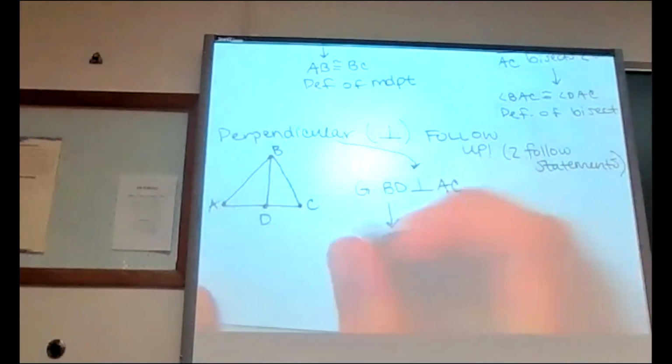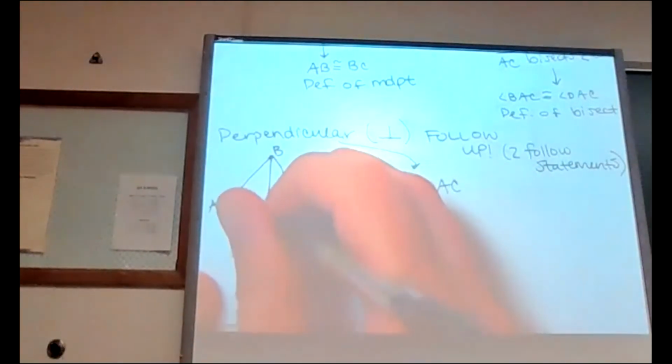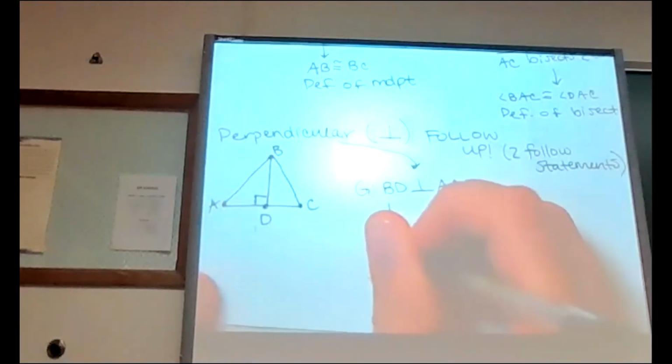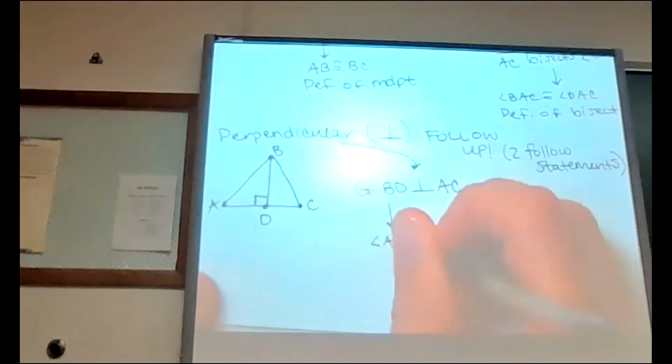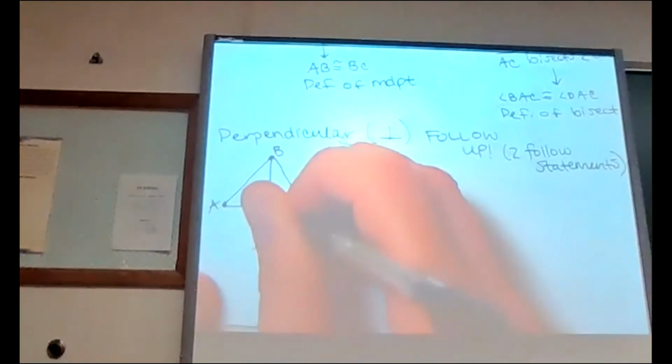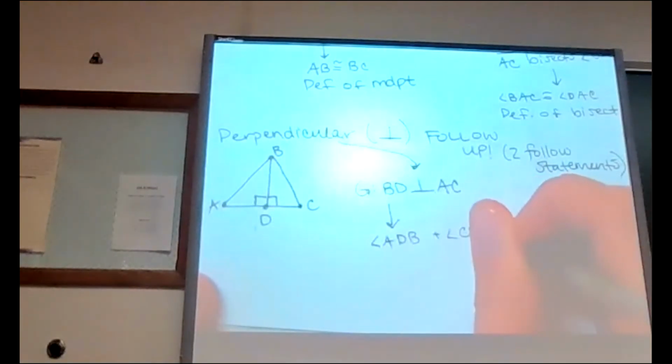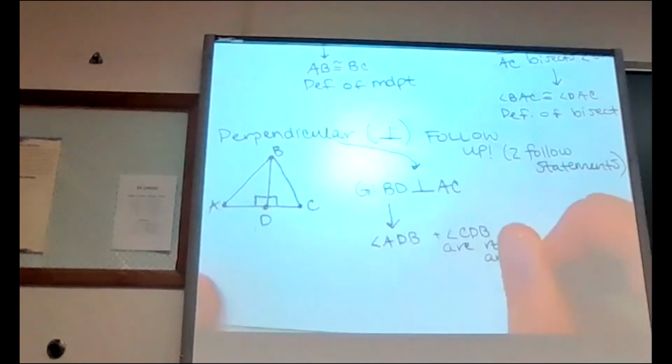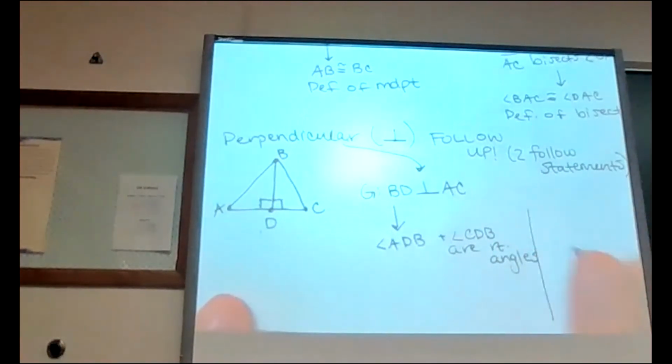So what follows that is first, I would say that angle ADB and angle CDB are right angles. So let me pretend this is a little proof. Because that is the definition of perpendicular.